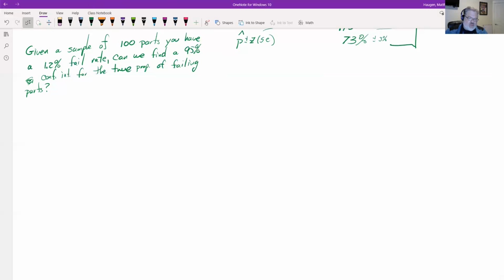What does this question ask? Or how about this? What is the answer to this question? It's asking about a sample. Given a sample. It asks, can we find a 95% confidence interval for the true proportion? The answer to that question is either yes, no, or I don't know.